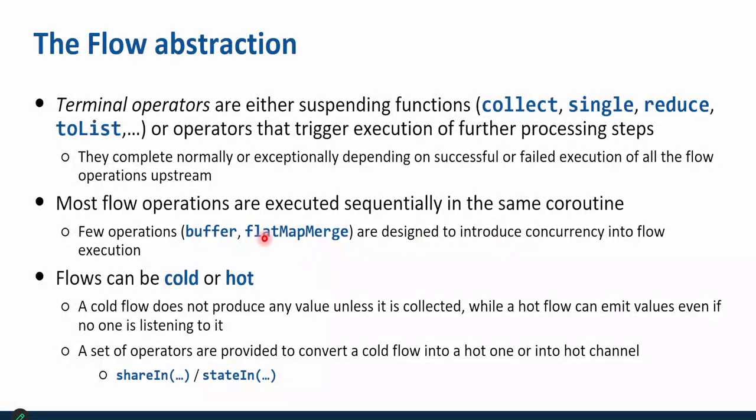By default, flows will not start to collect data. When you instantiate a flow, you have created a so-called cold flow, which will not produce any value unless you explicitly call a terminal operator on it.